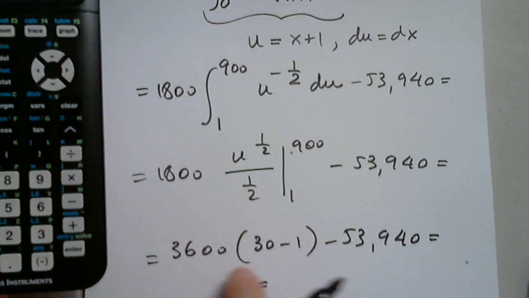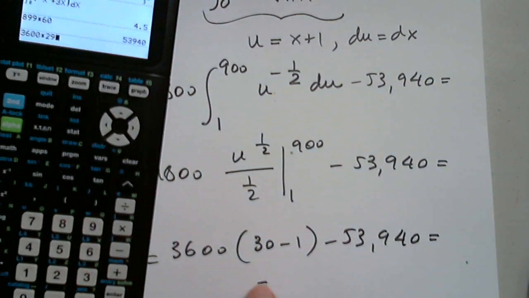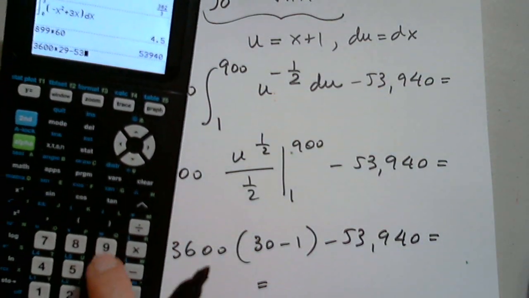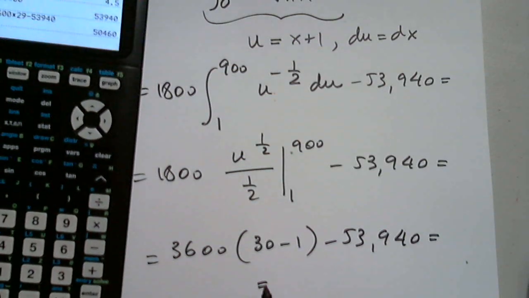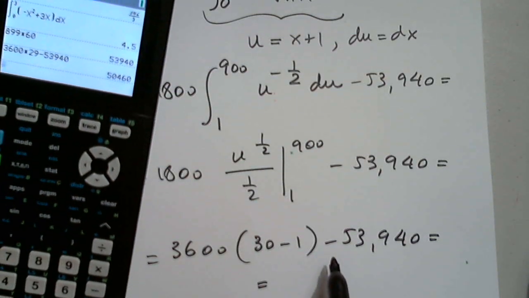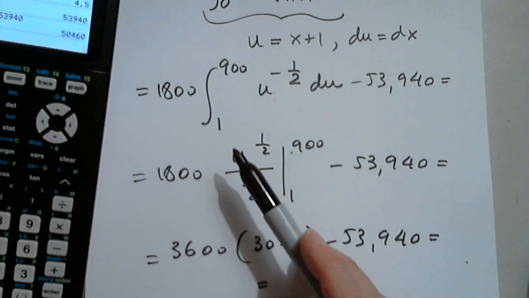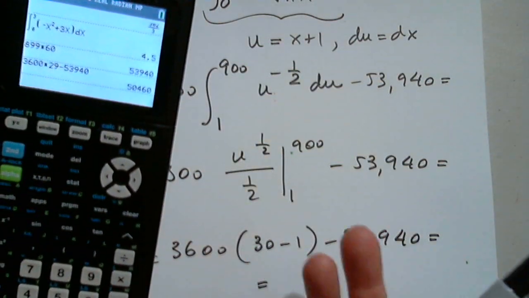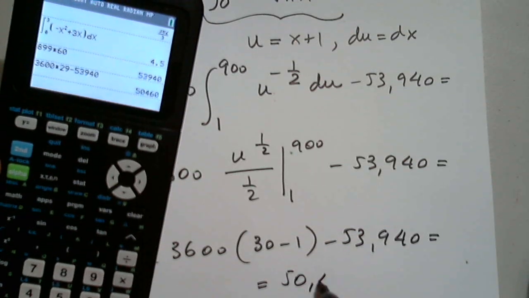I have 3,600 times 29 minus 53,940. Not possible. I'm saying not possible because I didn't expect such a big number.